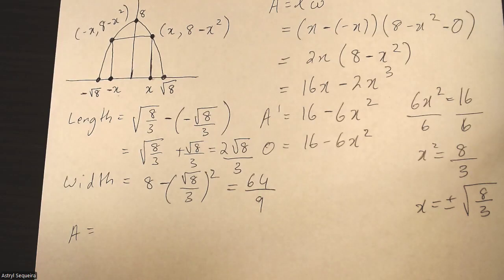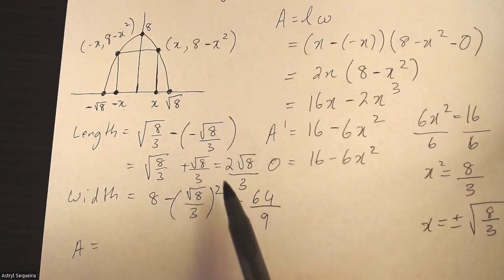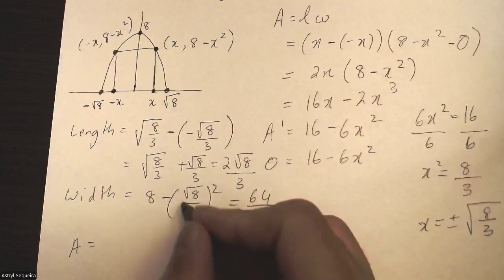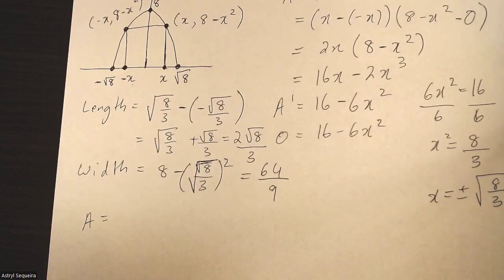Can't be 64 over 9, so 8 minus root 8 over 3 squared. No, it is 64 over 9. Oh wait, did I forget? X equals... Oh, there we go. There's the mistake. Fix that now.